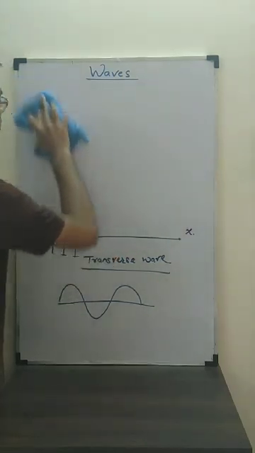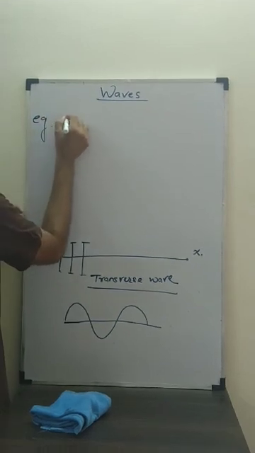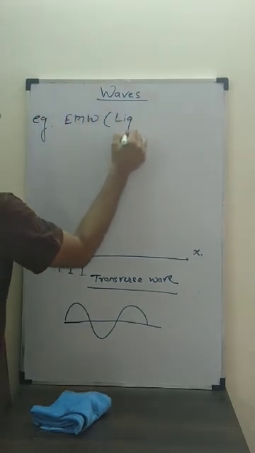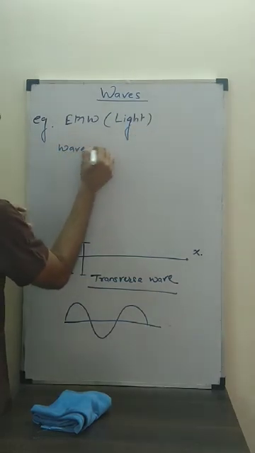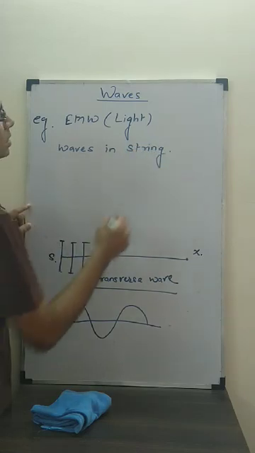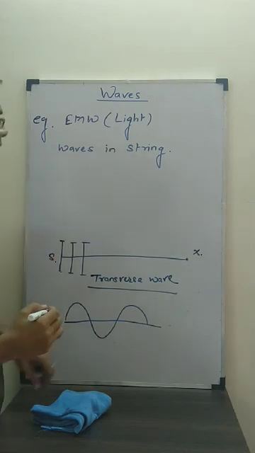Examples of transverse waves are electromagnetic waves, that means light, EMW, or waves in string, as I took the example right now. Alright. This is a transverse wave.